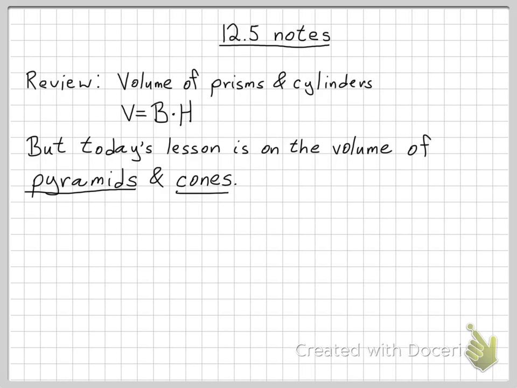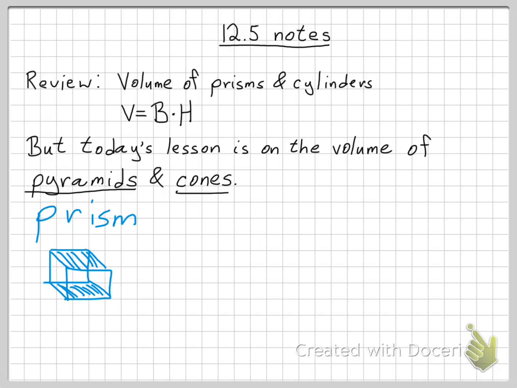So let me just do this here to review the relationship between a prism and a pyramid, and also the relationship between a cylinder and a cone. So you may remember, again, this is a review. A prism has the same figure on both bases, right? So this would be a square bottom and a square top.